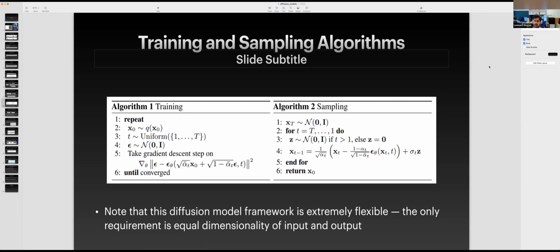And then for the sampling process, you sample Gaussian noise, and with the trained model, remove noise sequentially until you have a sample from the training distribution. So this is a very flexible framework to generate new samples from a distribution of interest.